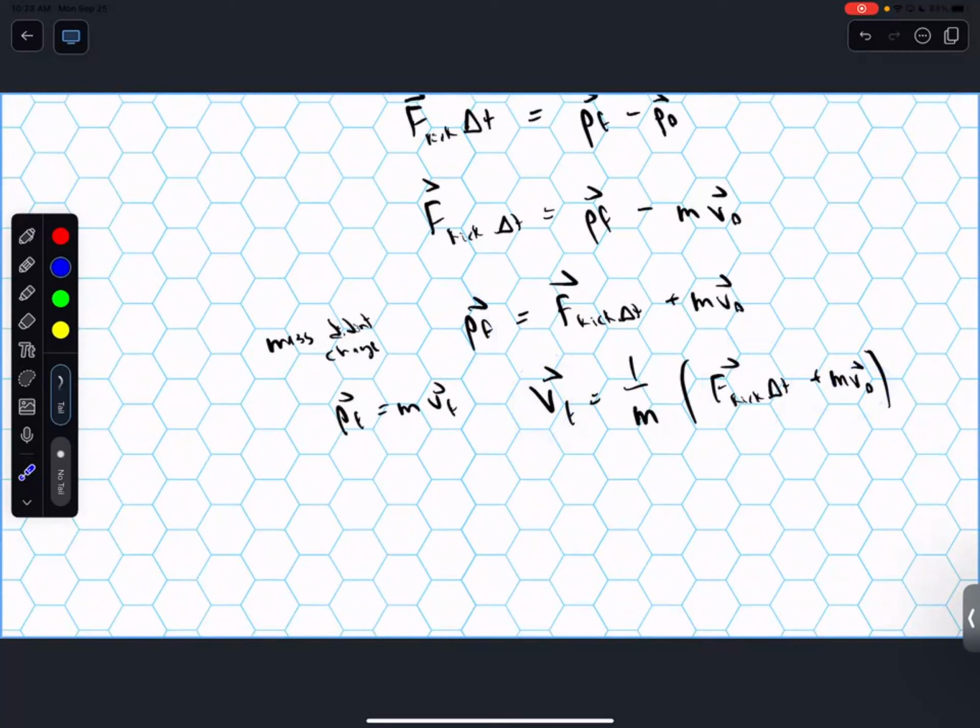So for example, if I'm a kicker and I have a ball that initially moves down, and I apply my kick, which I'm just going to write as J, which is again force times delta T, perpendicular to my initial velocity, then I expect my VF to go somewhere that way, where how tilted it is depends on the initial momentum and how hard I kicked for how long.